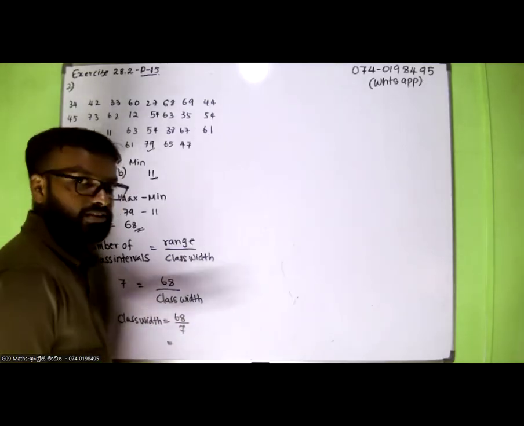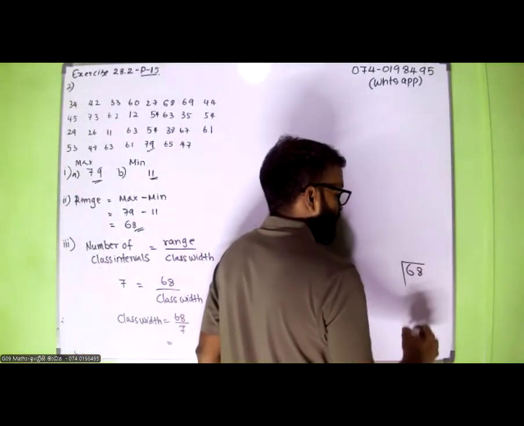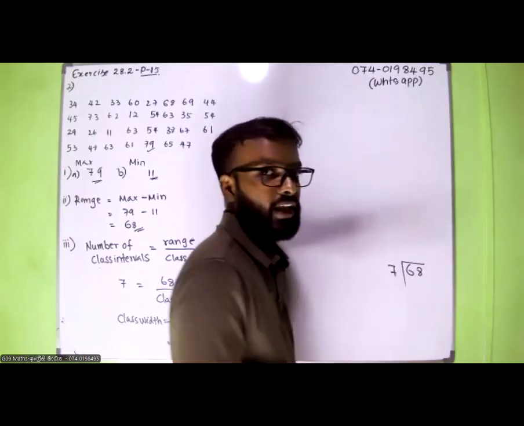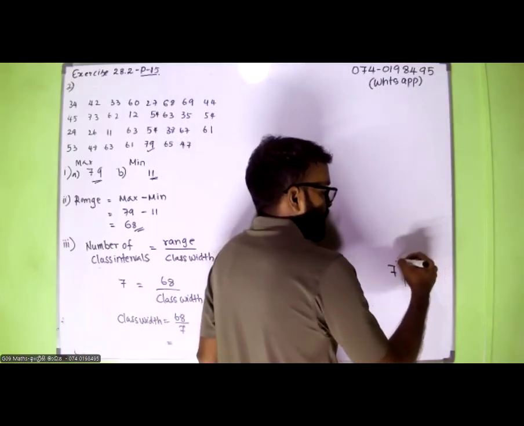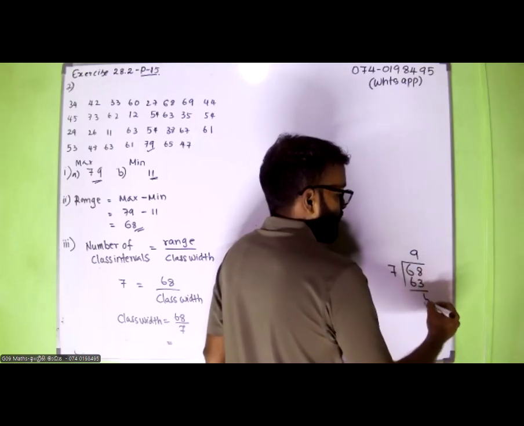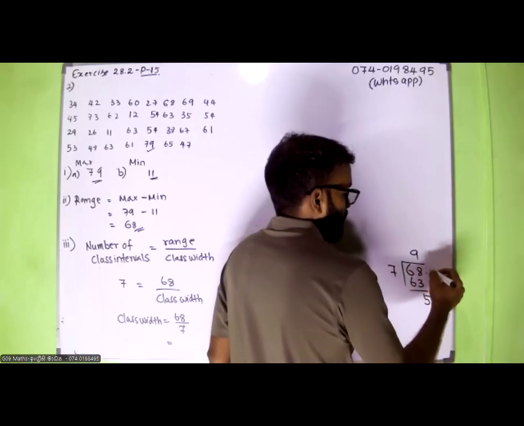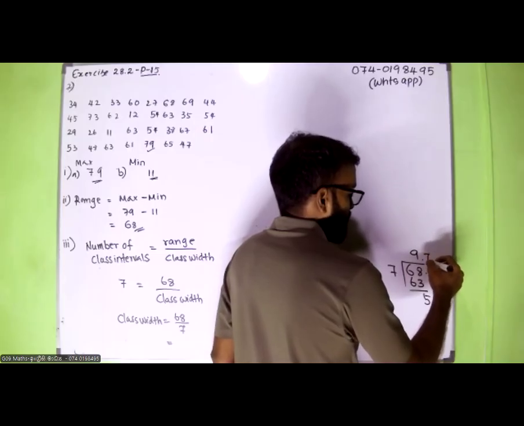Here the range is 68. 68 divided by 7, the number of class intervals is 7. 7 times 9 is 63, so it is 9.7.